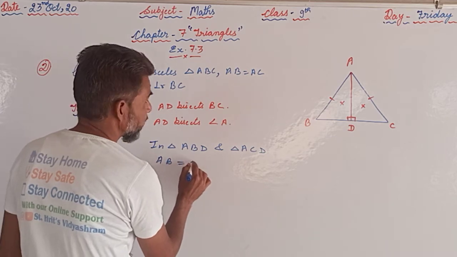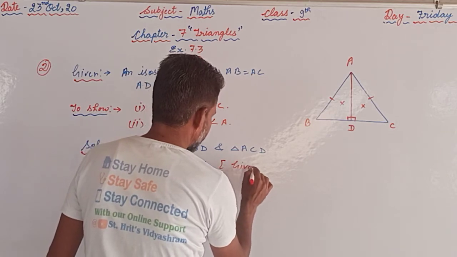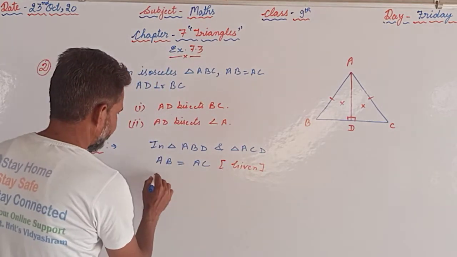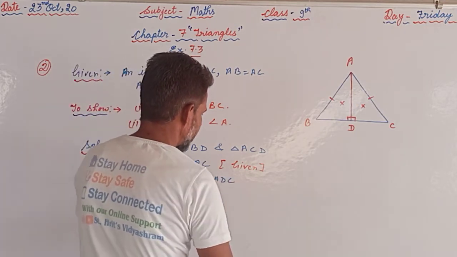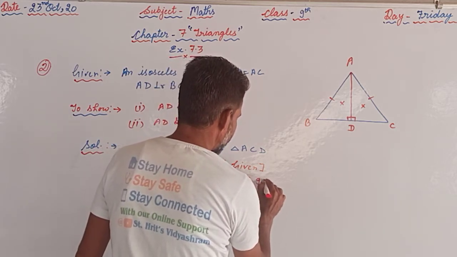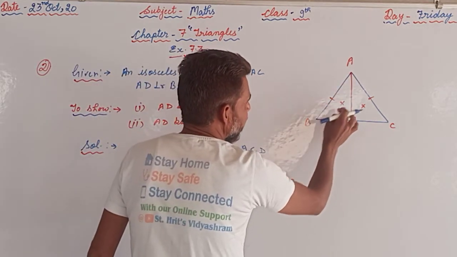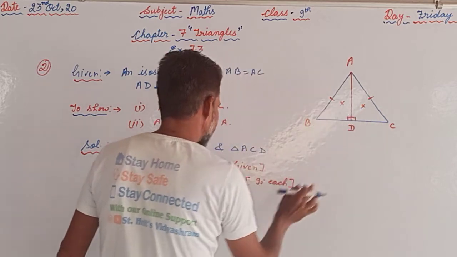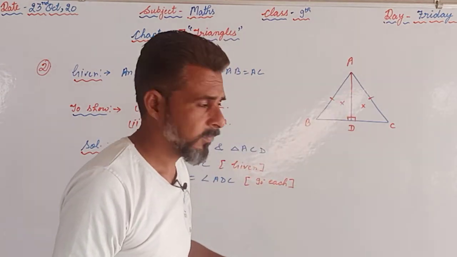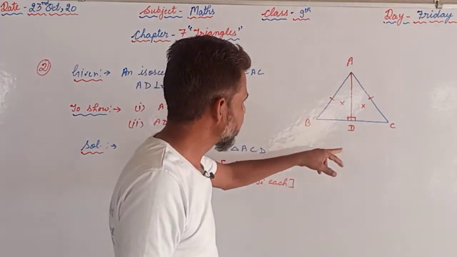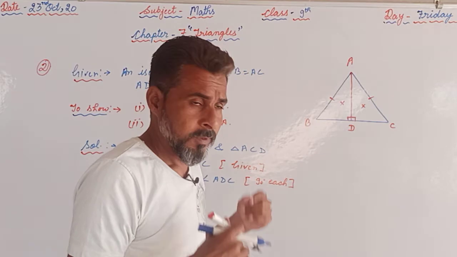AB is equal to AC, that is given, and angle ADB is equal to angle ADC, that is 90 degrees each. Now if we take AD equal to AD, that is common, that will become side angle. That is not the criteria. That mistake we are not supposed to repeat.